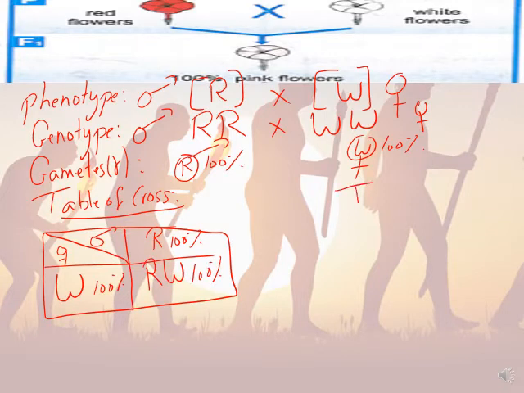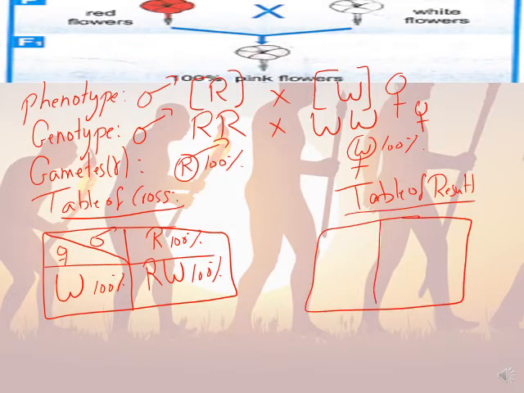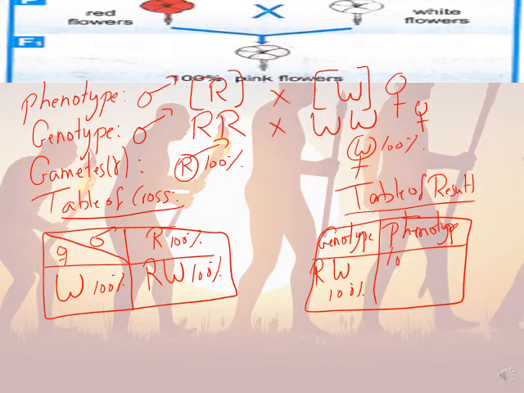The table of result will show that the genotype will code for the phenotype. So the genotype is RW 100%, so 100% of the individuals will have pink color, of the genotype R capital, W capital.